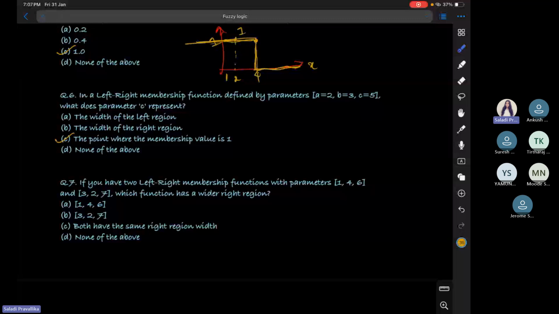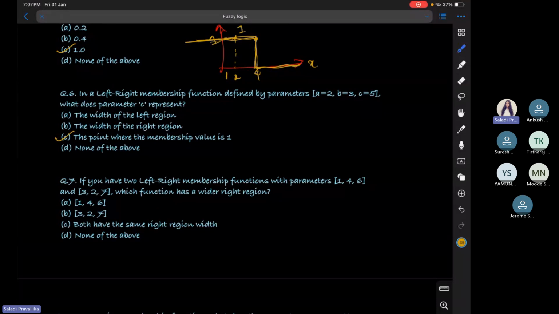So if you have two left-right membership functions with parameters 1, 4, 6 and 3, 2, 7, each function has a wider right region. The width of the right region is determined by the parameter C. In 1, 4, 6, the width is 6, while for 3, 2, 7, it is 7.